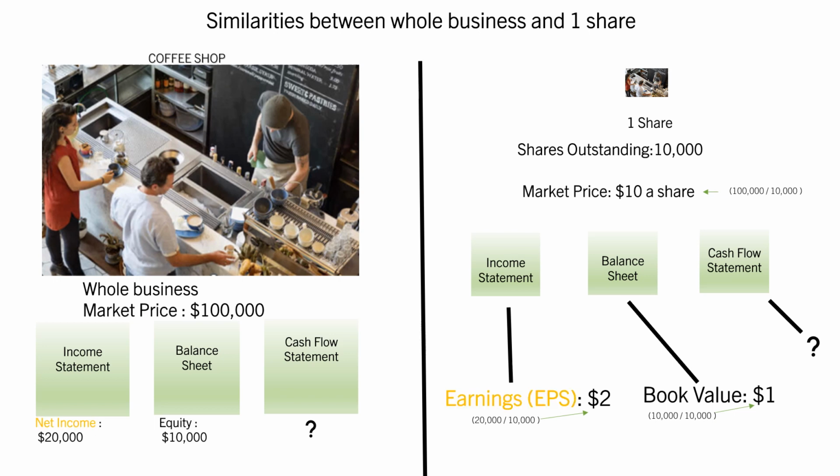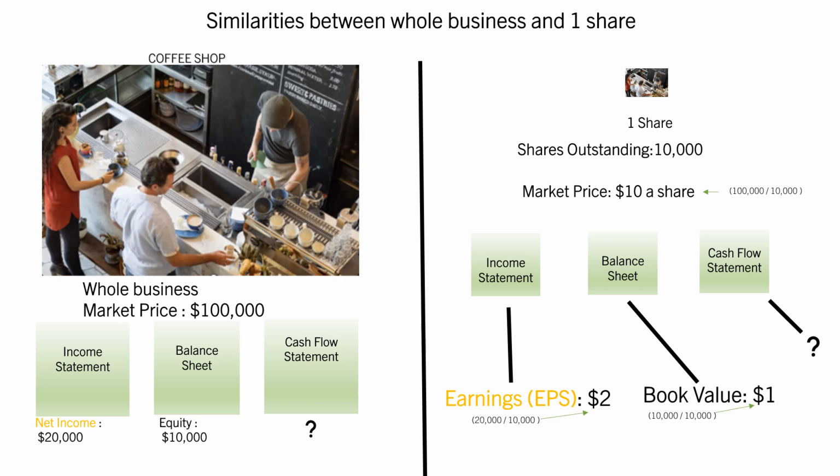So the earnings for the business is the same thing as net income, the exact same number. The only difference is it is called net income when you are valuing the whole business and earnings when you are only valuing one share. It represents the exact same thing but only for one share.